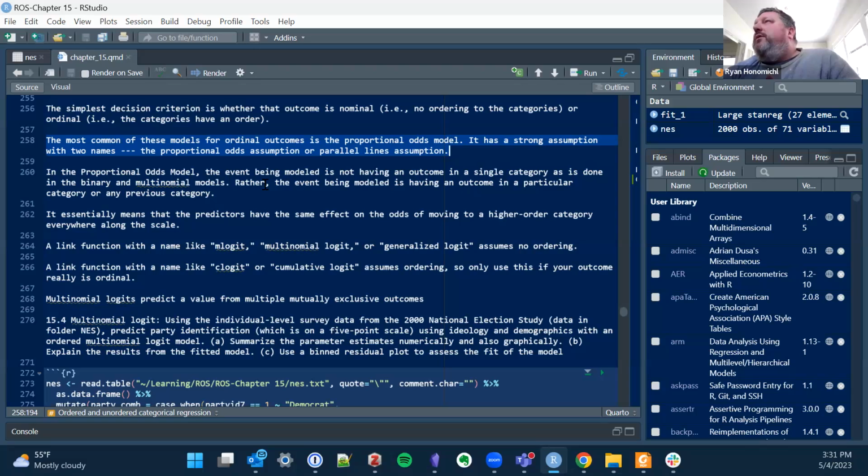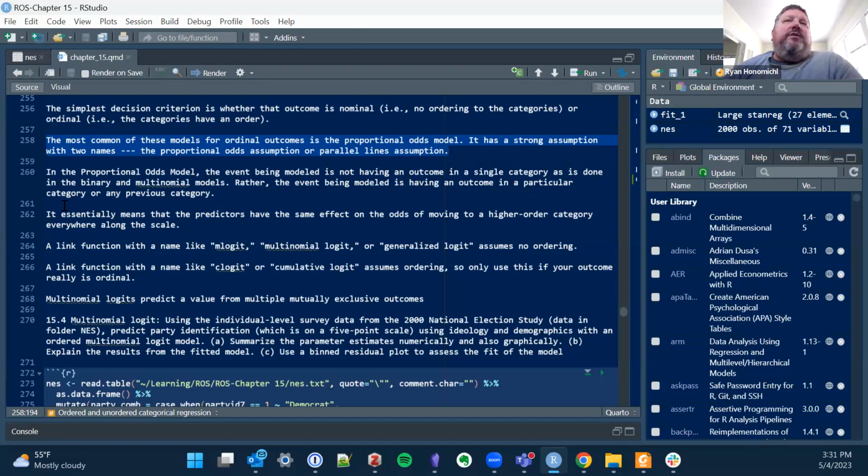When you have an ordered outcome, let's say the outcome is a Likert scale where the lowest response is never, 2 is once in a while, 3 is sometimes, 4 is a lot, and 5 is always. One of the things about ordinal outcomes is that you have to assume you're meeting the proportional odds assumption. As I say here, the event being modeled is not having however many there are in a particular category.